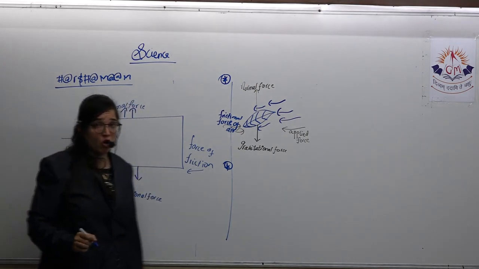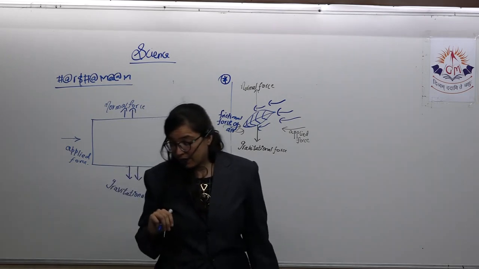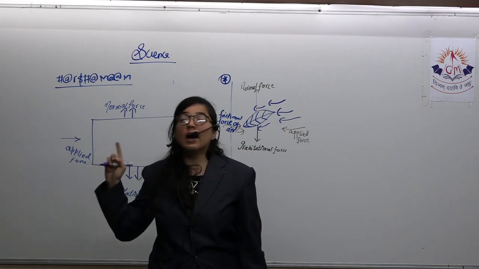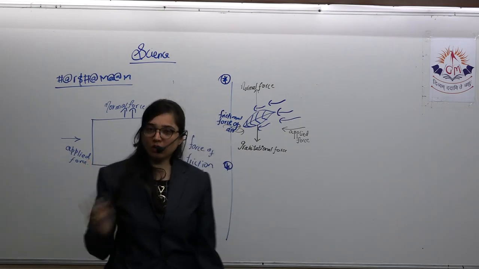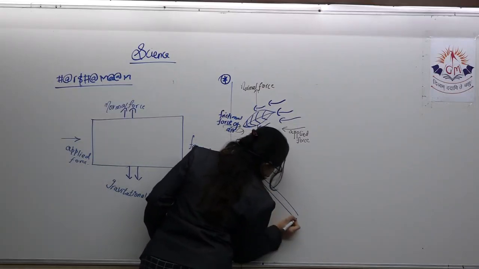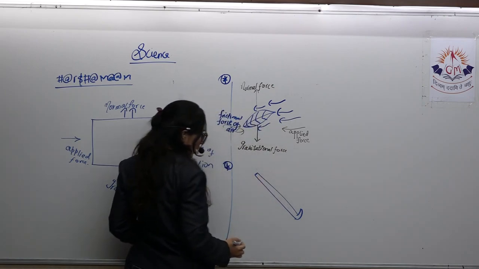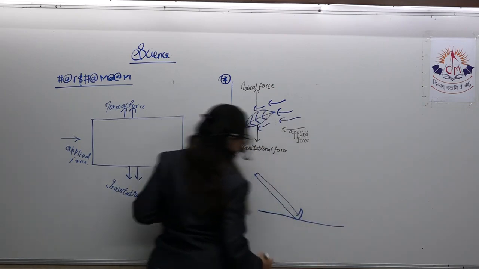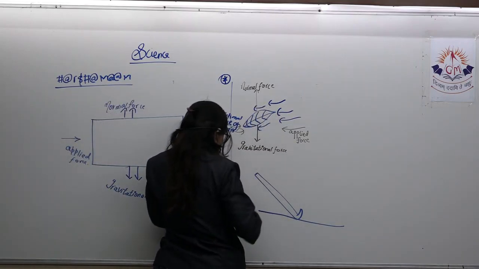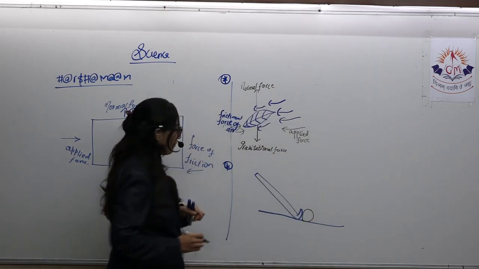Moving further on, case 2. A hockey stick experiences friction on the rough ground as it slides northward. Here is the hockey stick. This is the ground. Here we have the stationary object, which is the ball.